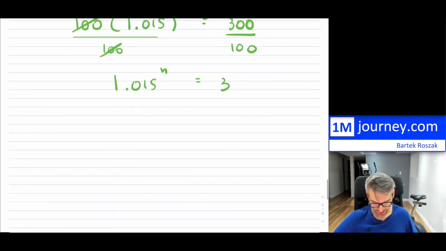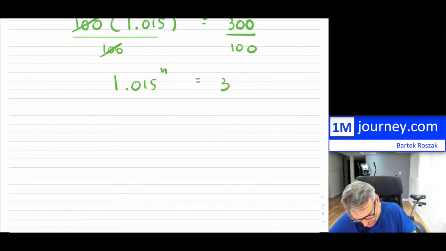That's what I have there. Again, notice it's basically in exponent format, and since I'm solving for the exponent, I can just transform it. I can say n is equal to, and then I can pick whatever base I want.